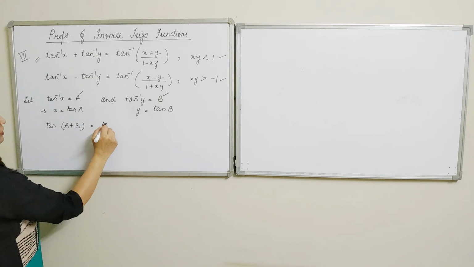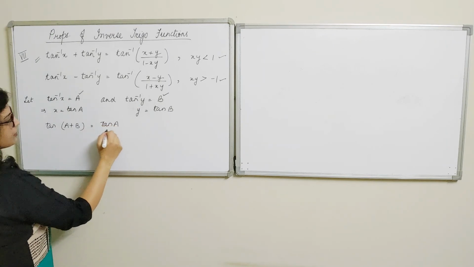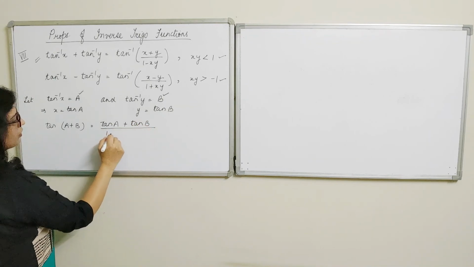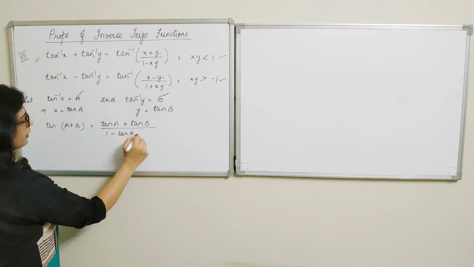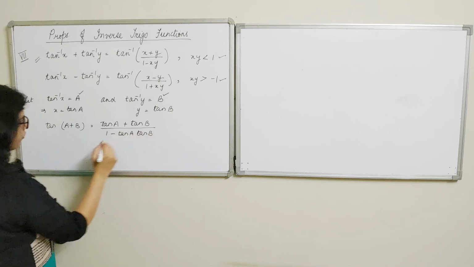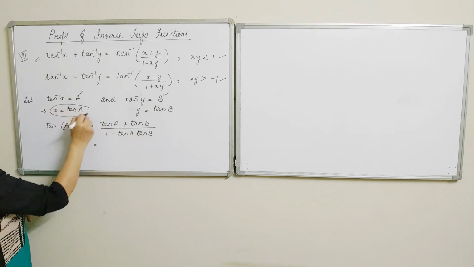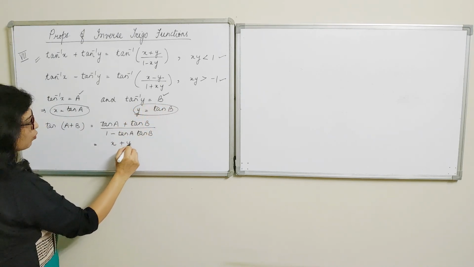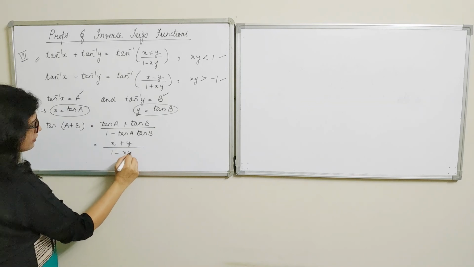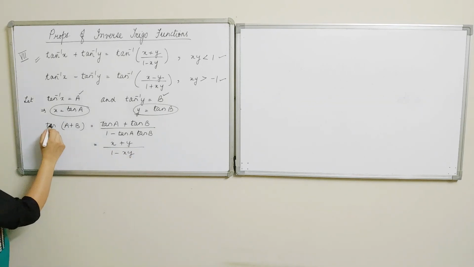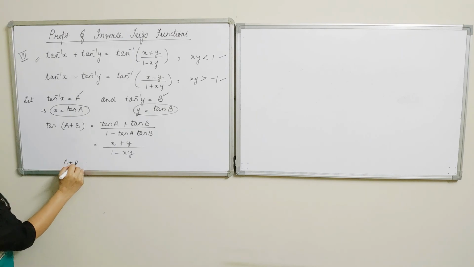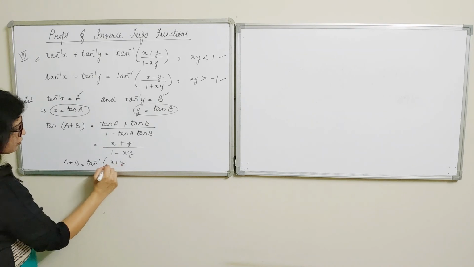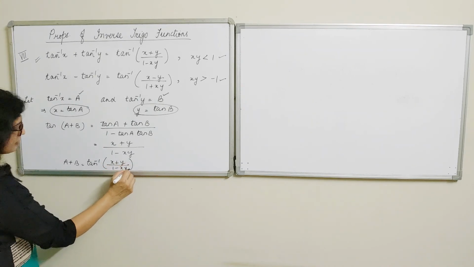So according to one result of trigonometry, this can be written as tan A plus tan B upon 1 minus tan A tan B. Tan A can be replaced by x and tan B can be replaced by y. So 1 minus xy. So in the next step, we can write down A plus B is tan inverse of x plus y upon 1 minus xy.